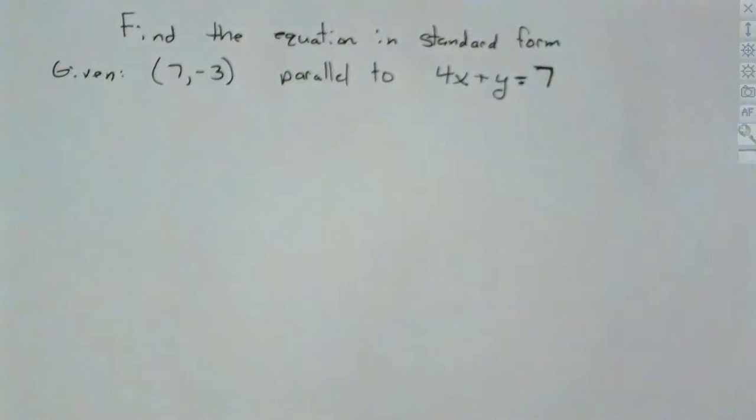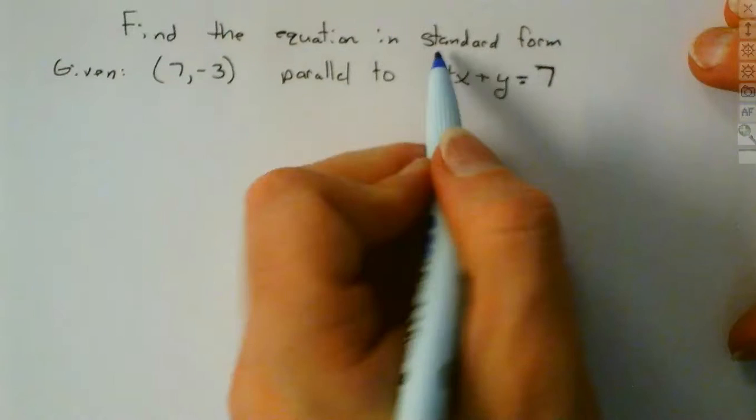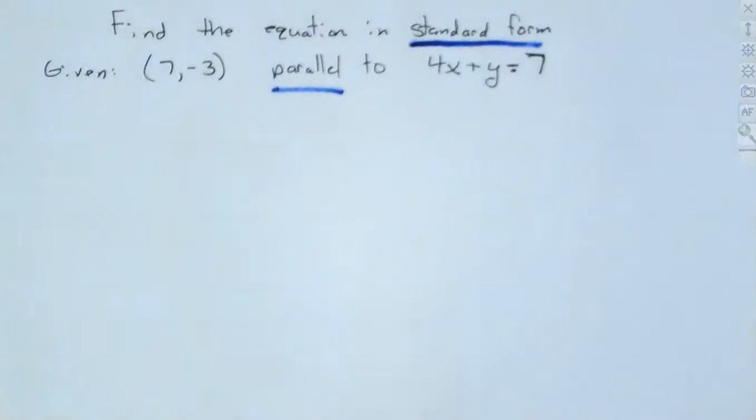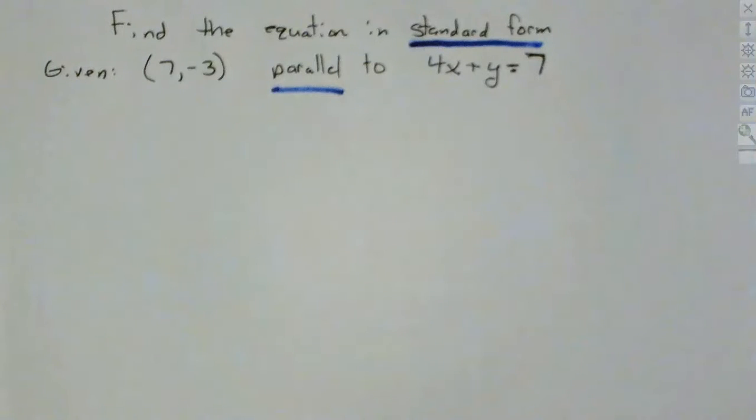So, key takeaways here: standard form, that's very important, and this one has to be parallel. When we look at parallel, do we change the slope at all? No, whatever we find is what we use. For the perpendicular one, we flip it over and change the sign. In this case, though, we're not going to have to change anything.